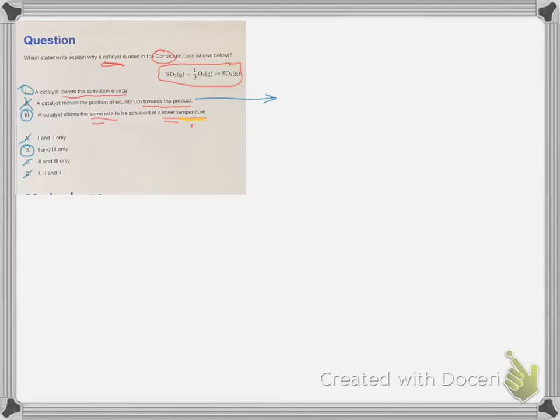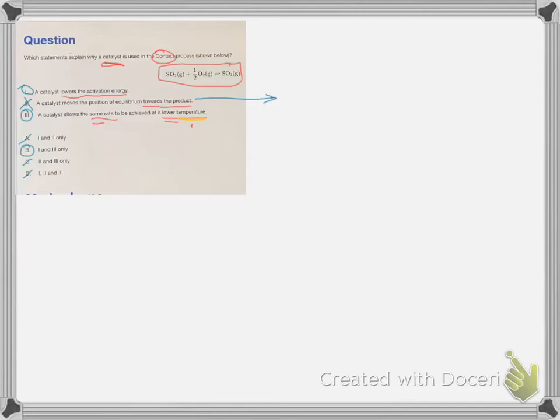In general, the catalyst speeds up the forward and the reverse reactions to the same extent, to the same point, or the same line that's going to be reached by the catalyst.